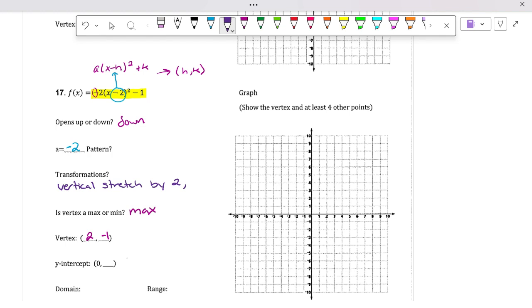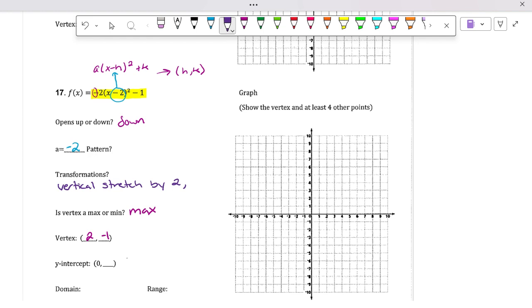A number between 0 and 1, which in other words, that's a what? It's a fraction, all right? So it's a true fraction, meaning the numerator is smaller than the denominator, because 3/2 is technically a fraction. It's an improper fraction, though, because 3/2 is the same thing as 1.5. Still greater than 1, still would give us a vertical stretch.